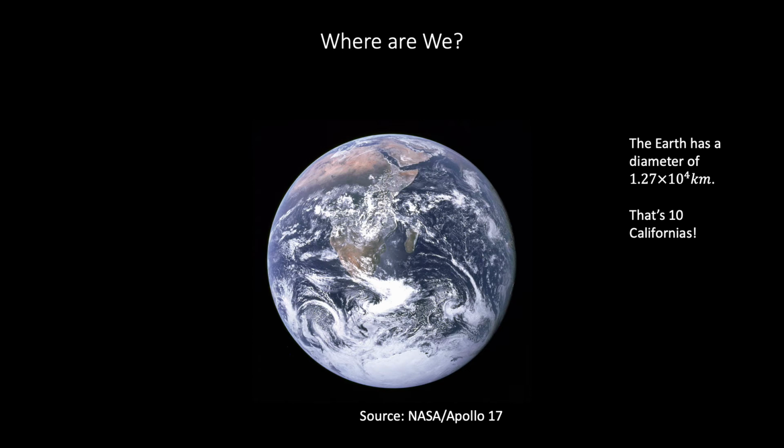So planet Earth is really big. It's an order of magnitude, we say, bigger than the size of California. That word, order of magnitude, specifically means it's 10 times as big. So 10 Californias fit on the diameter of planet Earth. So the planet Earth is an order of magnitude bigger than California.